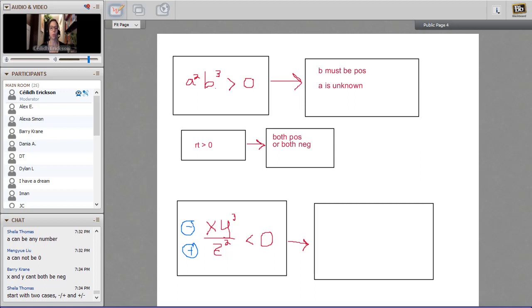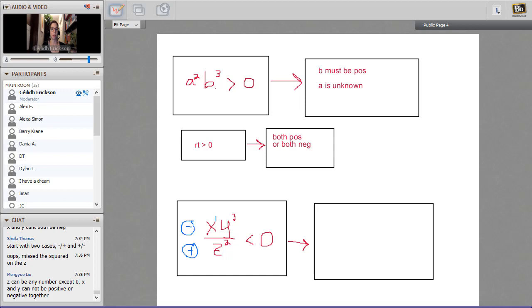So if x times y cubed, two things with odd exponents, remember it's implied here that it's x to the 1, if we get a negative overall, if x times y cubed is negative, then that tells us that x and y, the negative product of two things with odd exponents, have opposite signs. So as Barry put it, they can't both be negative. So they have opposite signs. One of them is positive and one of them is negative.